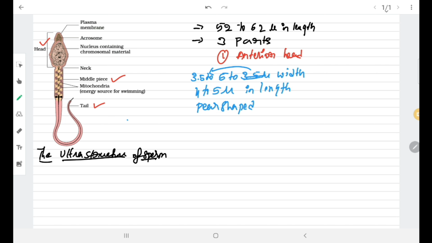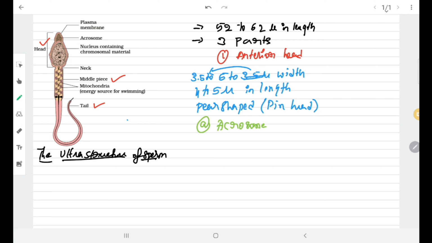So this particular head consists of two different parts. The first one, the A, that is acrosome, which is in front of the sperm.